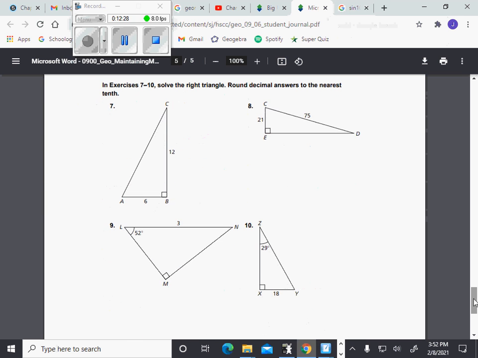Down here, solve the right triangle. We are solving for each piece of the triangle. For 7 and 8, we have a missing side length that we can easily find. How can we easily find it? The Pythagorean theorem. Okay, we know that 6 squared plus 12 squared is going to be equal to, call this x, x squared.